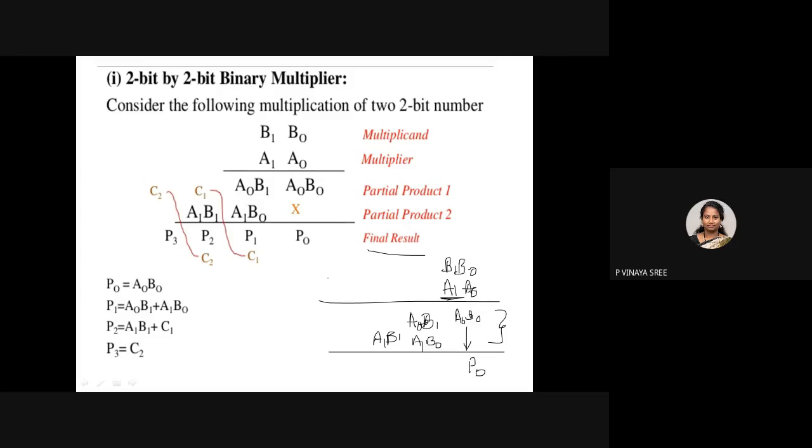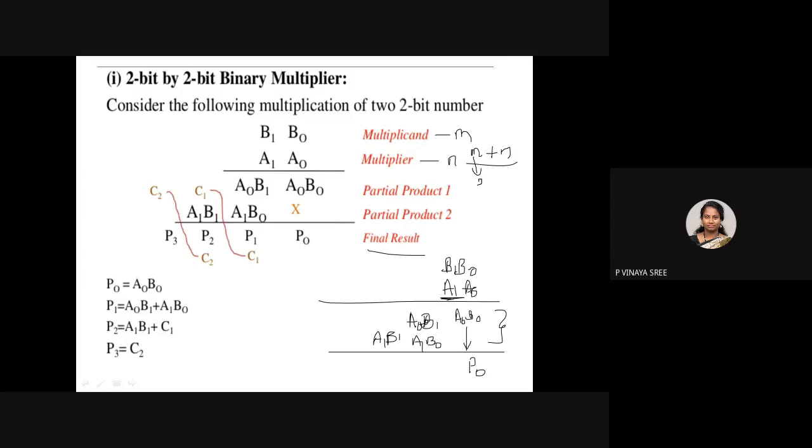Product terms. Before going to the product terms, you must know, given a multiplicand and multiplier, how many product terms will result. Consider this as M and this as N. Then M plus N product terms will be there.